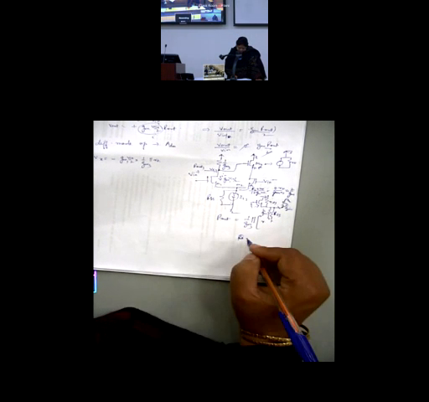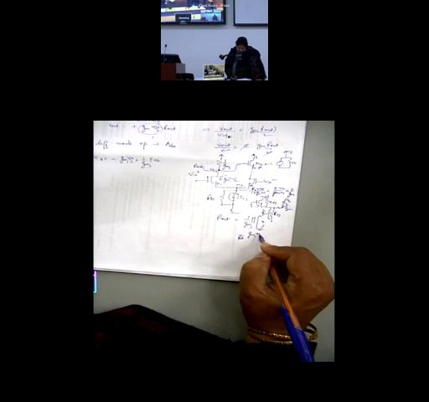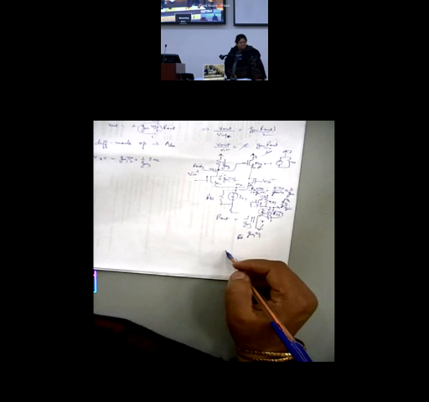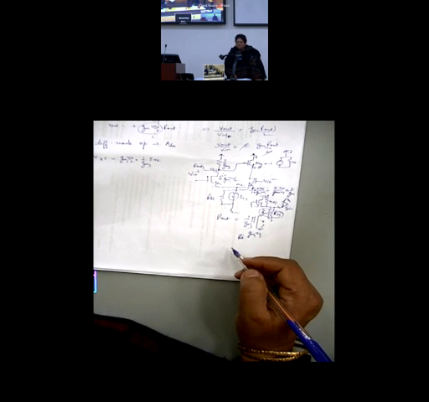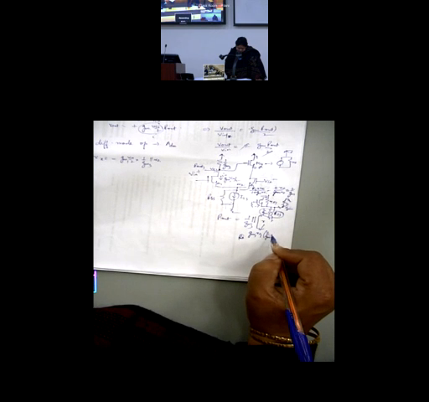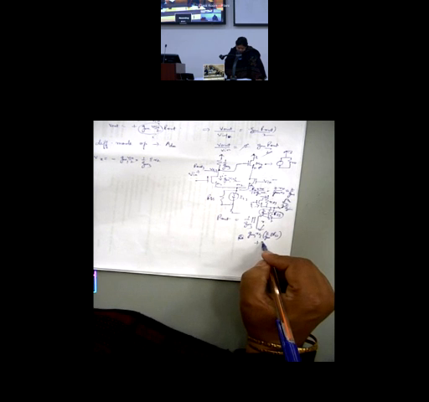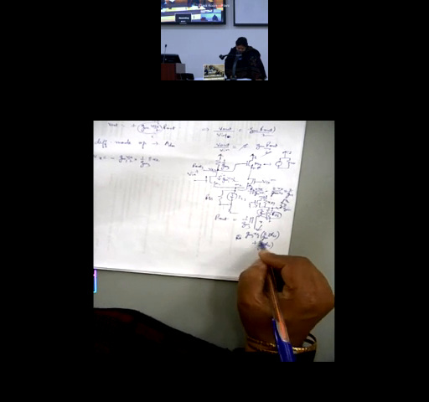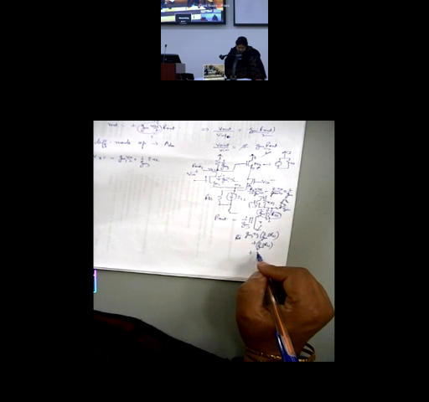So this will give me, what is this component I am writing? GM1 RO1, or what is the parallel of this? 2 by GM. 2 by GM parallel RS. So it would be 2 by GM parallel RS, plus, it should be 2 by GM parallel RS, plus RO1.